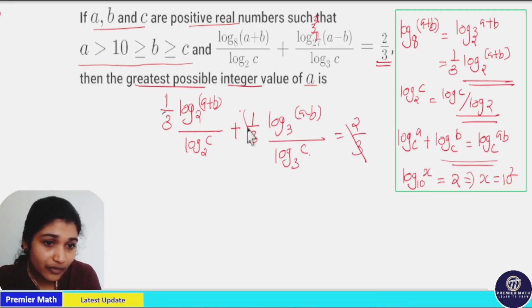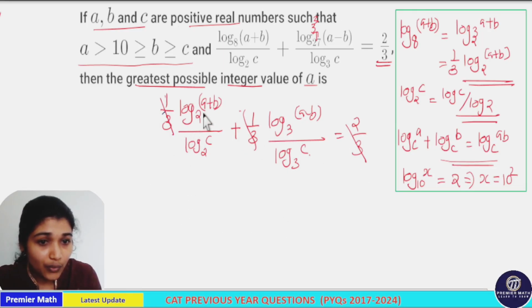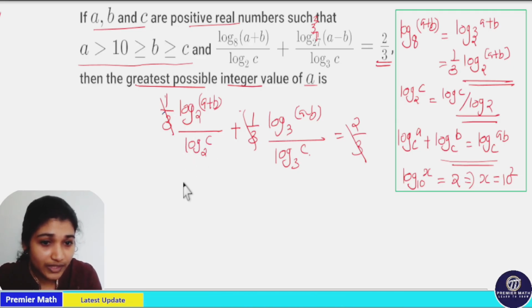Now the 1 by 3 terms cancel. And here log A plus B to the base 2 divided by log C to the base 2, I can write it as log A plus B divided by log 2 divided by log C divided by log 2. So log 2 and log 2 cancel.